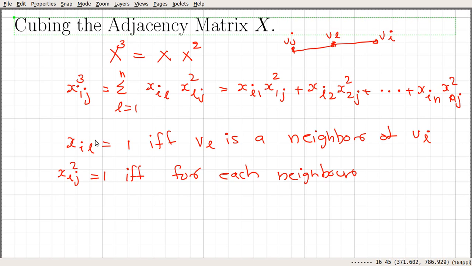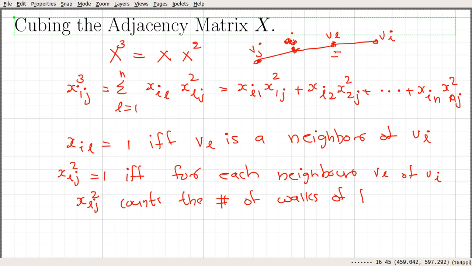So if VL is a neighbor of Vi, then this is equal to 1, and there will be an intermediate vertex here. We do not know what that is, that's okay. This is going to be Vj, and from VL to Vj we need a walk of length 2, and that's what this says. For each neighbor VL of Vi, this quantity xlj² counts the number of walks of length 2 between VL and Vj.